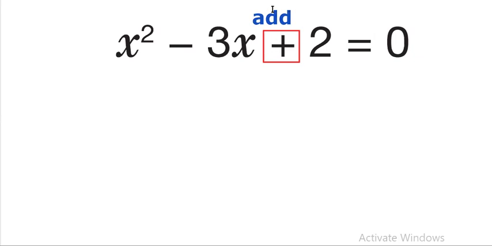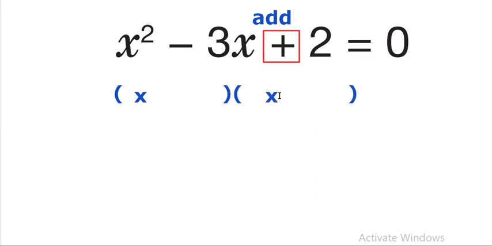So here, this is a positive sign. It means add. Now, because here we have three elements and all of them don't have anything in common, this means we have to use the double bracket method in factorizing. So we need double brackets like this. After putting the double brackets, I'll put x here and x on the other one.